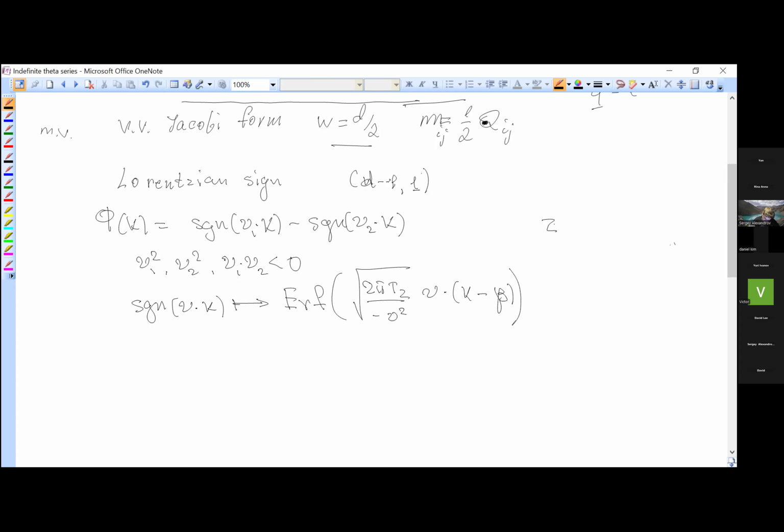Namely, I took my elliptic parameter z, and I decompose it like alpha minus tau beta, where alpha and beta are real vectors.